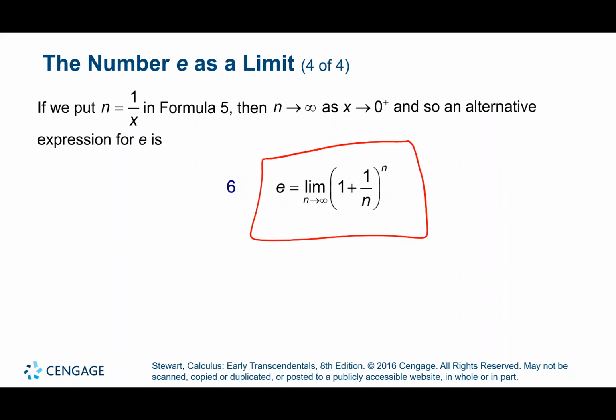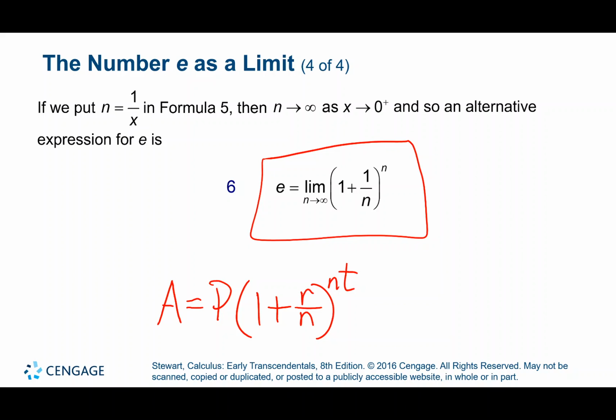Anybody recognize this from any kind of formula? You may not, especially if you took pre-cal somewhere other than here. In pre-cal, one of the exponential formulas we talk about is compound interest.